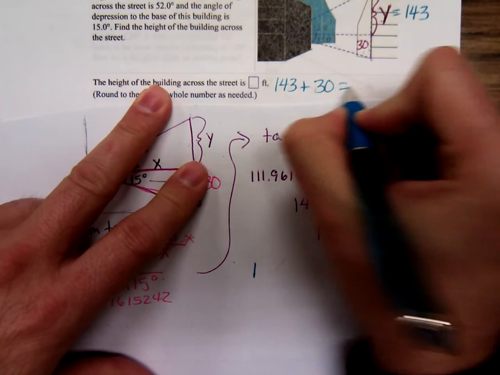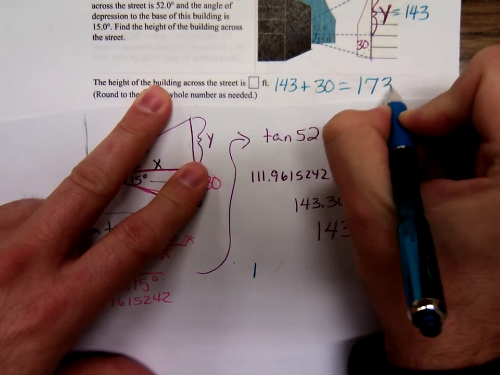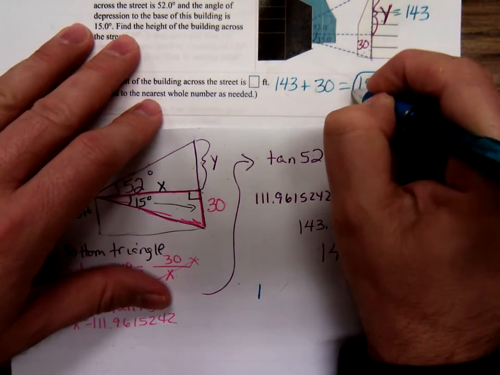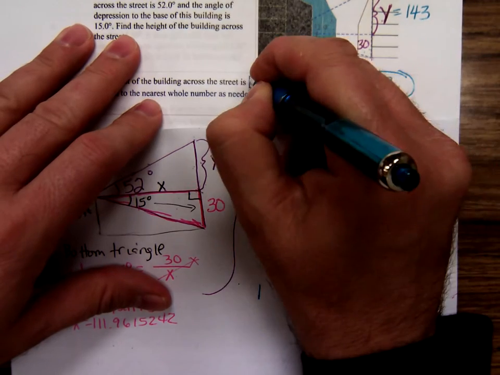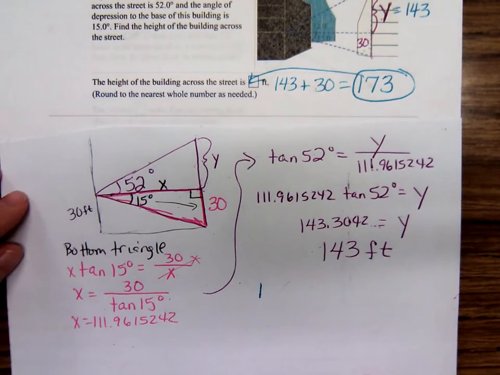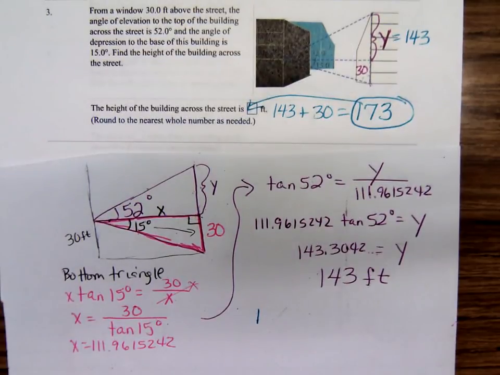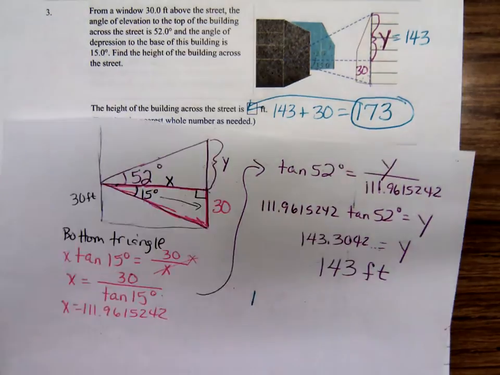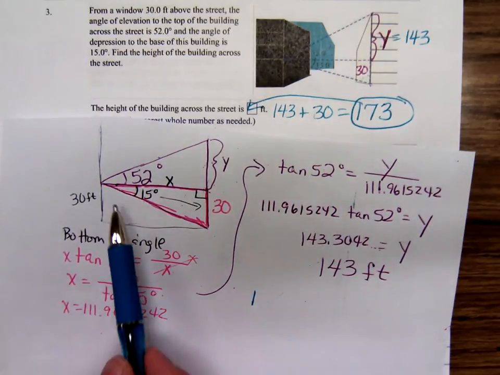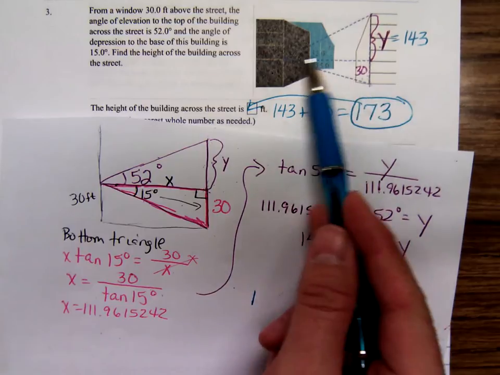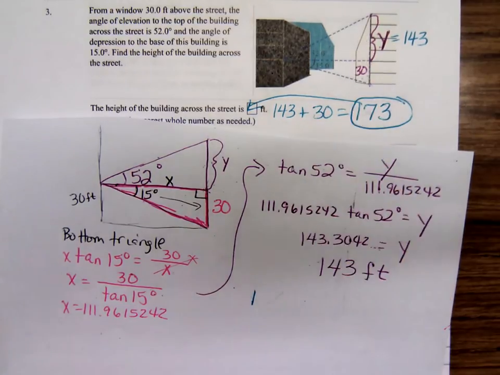So the answer to the problem, 173 feet. Oh, sorry, we're cutting off the top of the problem. Okay. So that's a very nice problem. Notice how we used the bottom triangle. We used it to find this distance here, so we could calculate that vertical distance.